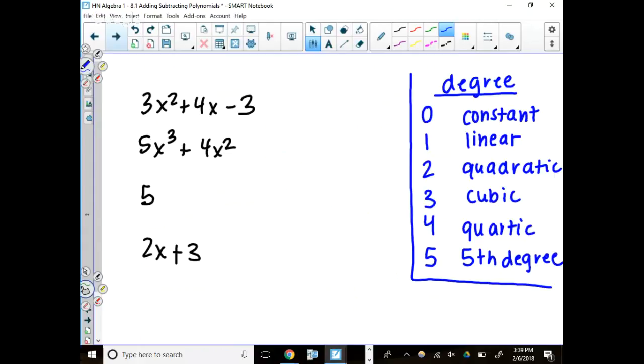All right, so looking at this, I'm going to categorize it by degree, as well as polynomial, monomial, binomial, trinomial, all that kind of stuff. For this one, I would ask you how many terms you have, which is in between the adding and subtracting. So this is 3 terms, so this would be a trinomial.